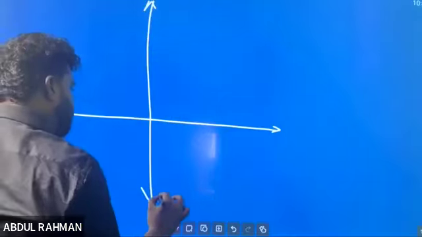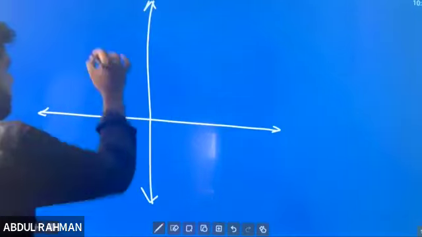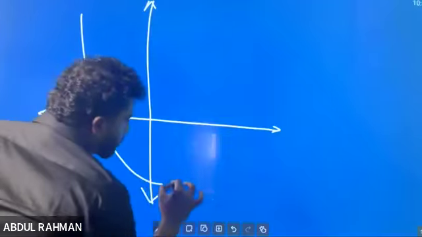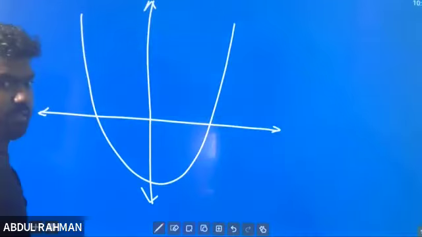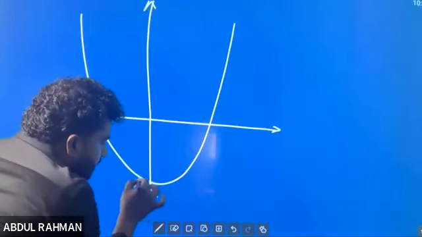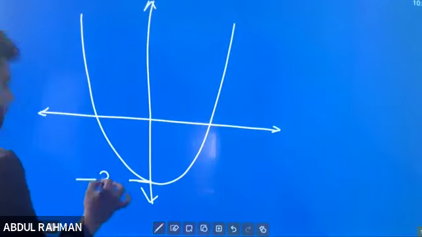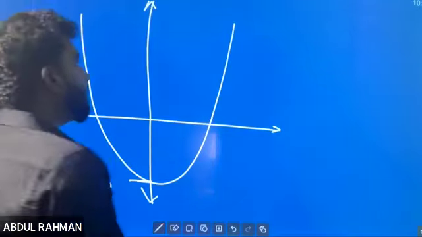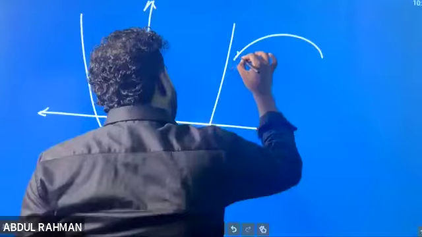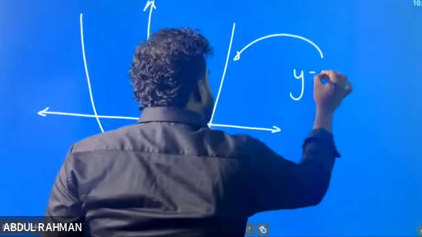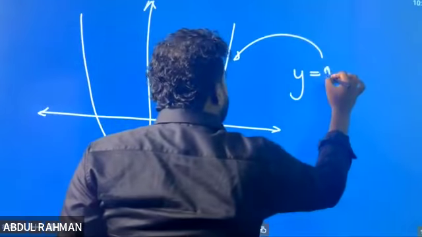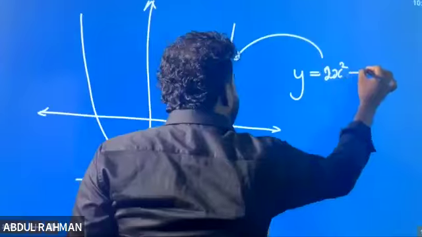Now let's say there is a graph like this, where the minimum point of the graph is -3. The equation of the graph is y = 2x squared minus 3.